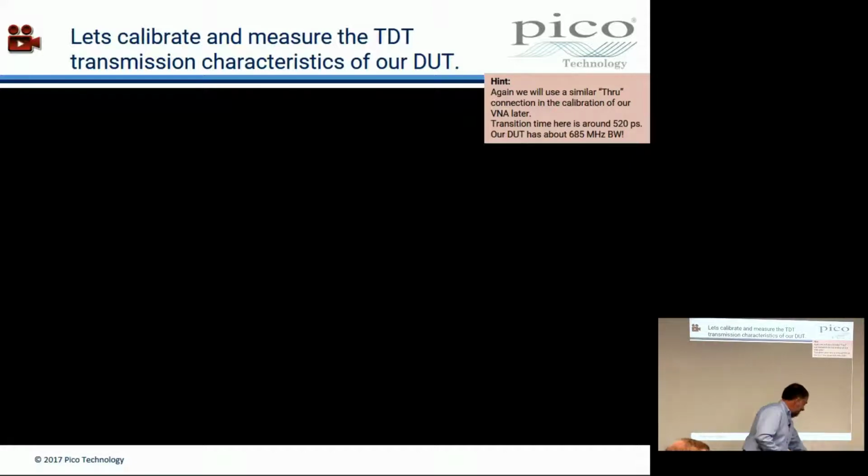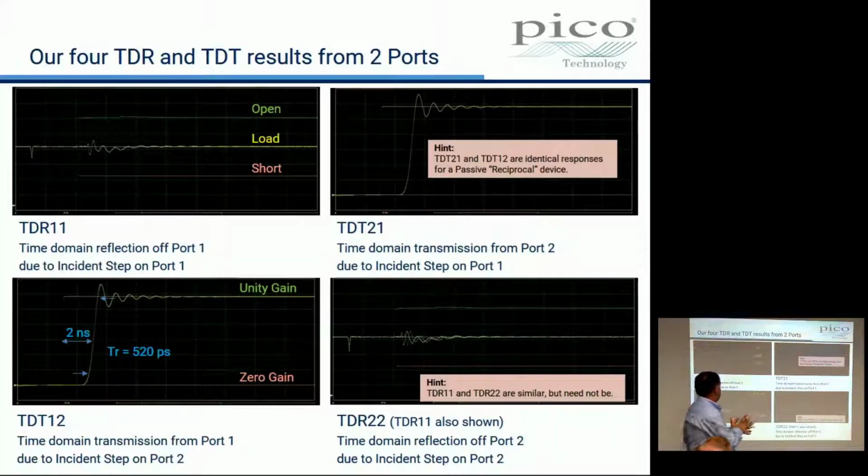Right. Next. So I'm going to just put those up like this as 4 separate measurements that we just made. We did 2 calibrations and we made 4 separate measurements, and we measured ourselves TDR11, the response at the input coming back off the input as a result of a signal on the input is that one.